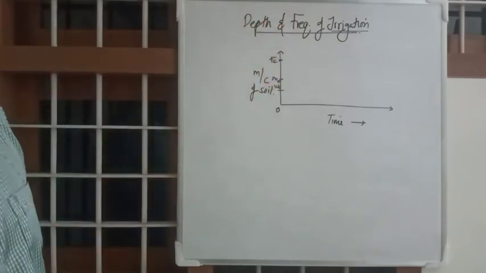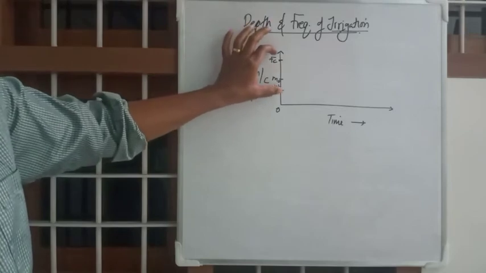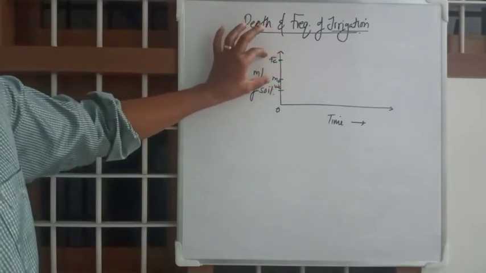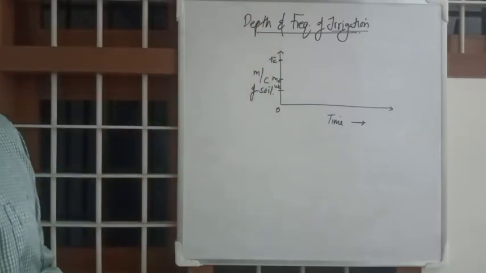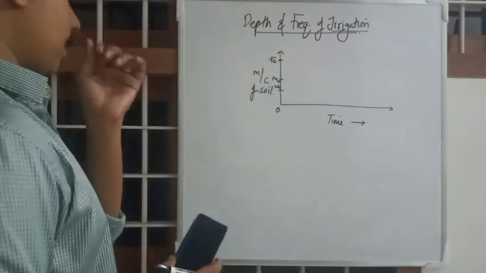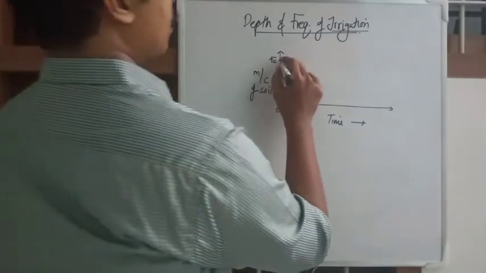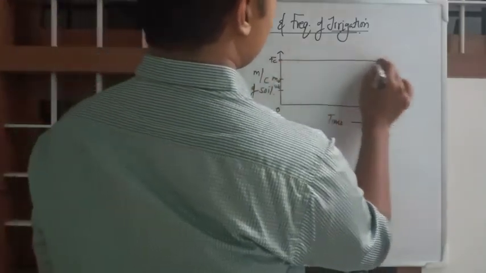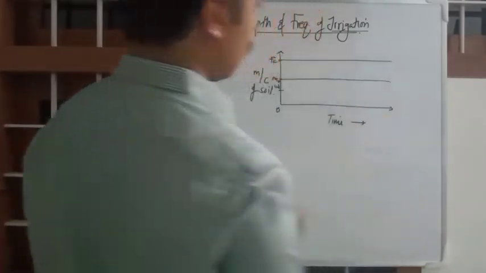I hope you understand. WC to FC is available moisture, M0 to FC is readily available moisture. So while watering we will be filling up. If this is FC, this is M0.